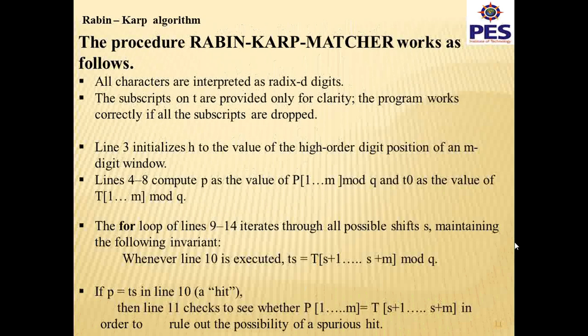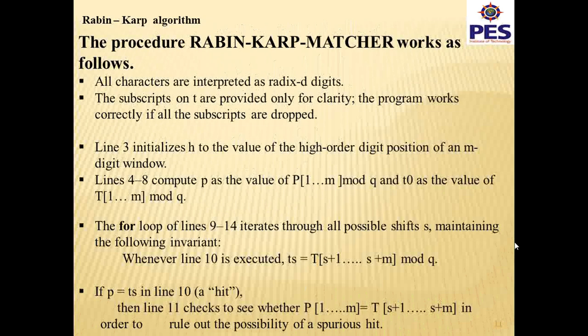Now let us see how Rabin-Karp works. First, line 3 initializes h, the higher order digit position in an m digit window. Lines 4 to 8 compute the value of p for the pattern string with mod q, and t naught for the text string with mod q.